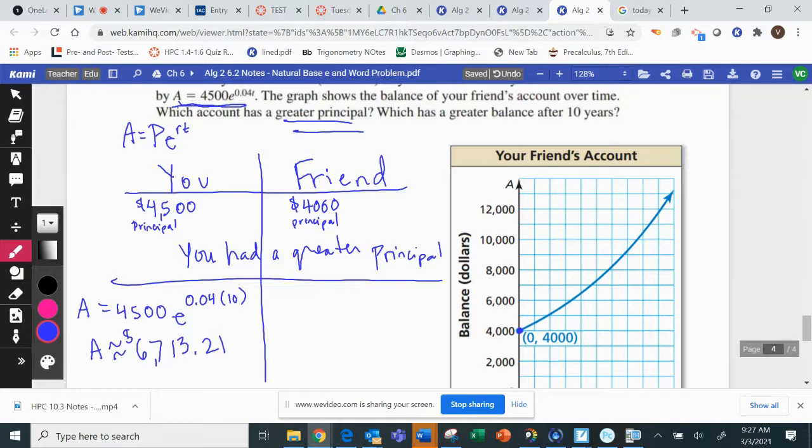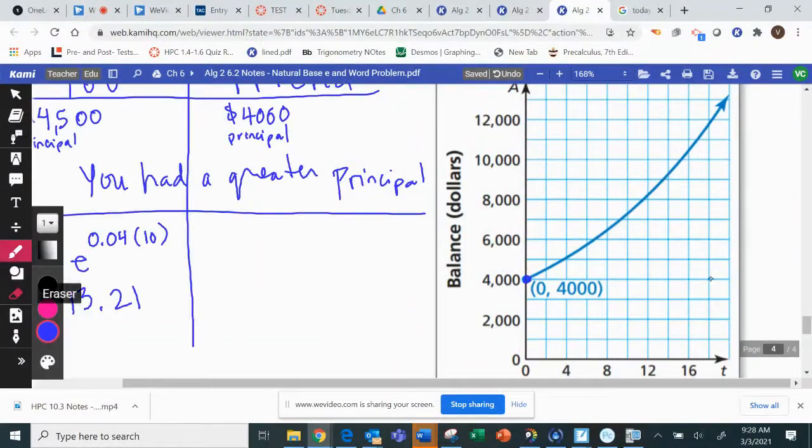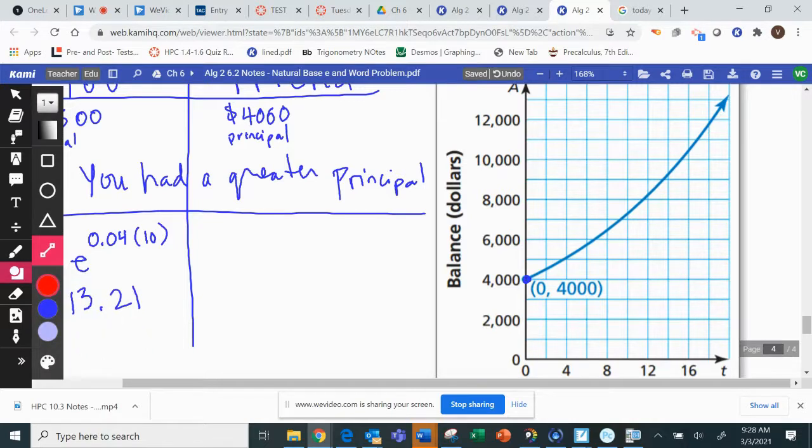So now we've got to figure out your friend after 10 years. After 10 years, how much money does your friend have? You just have a picture to look at. So I'm going to go find 10 years. About 7,000, maybe a little bit higher.